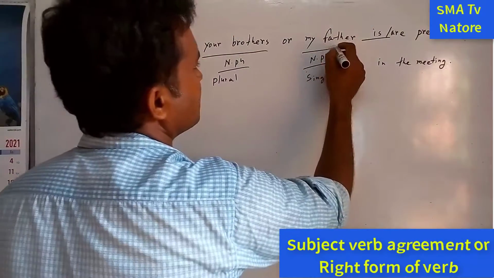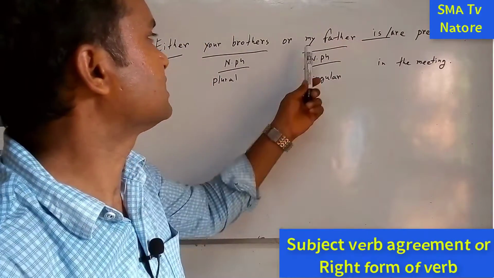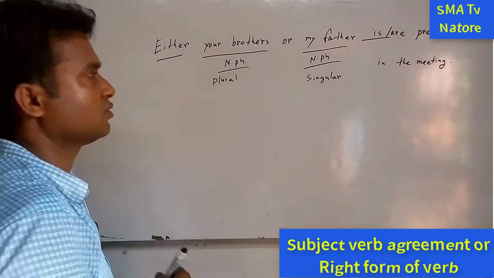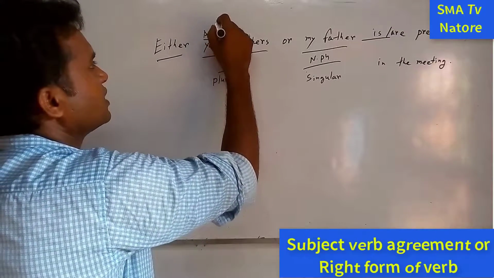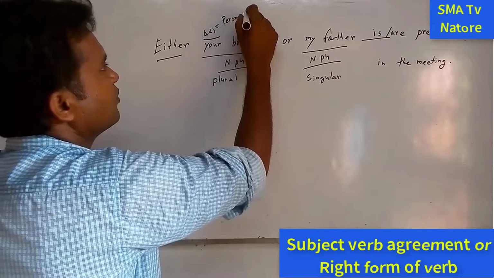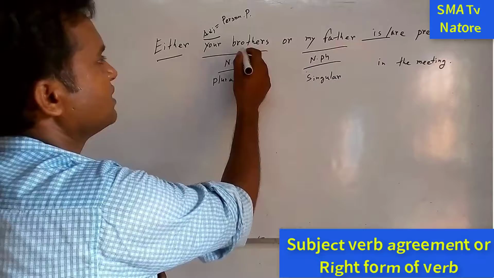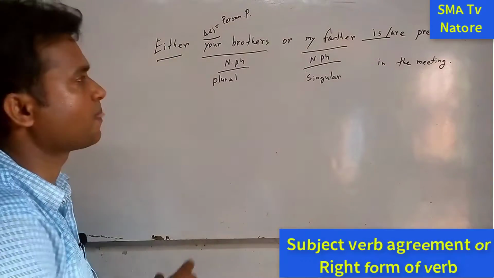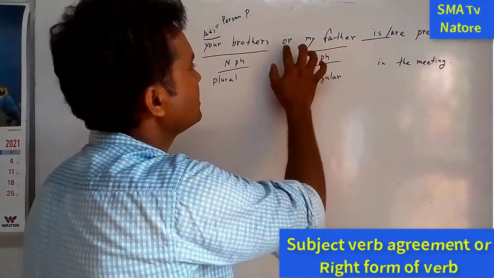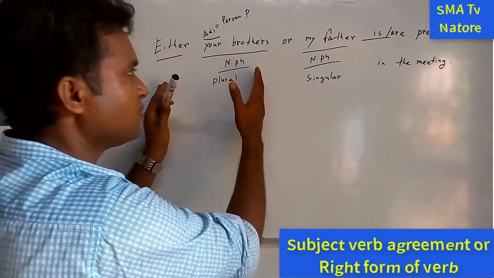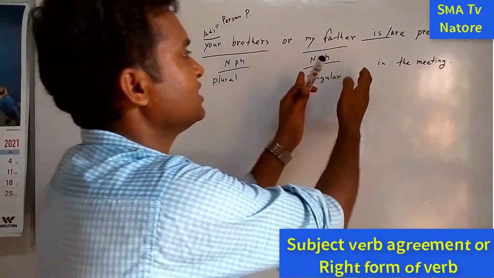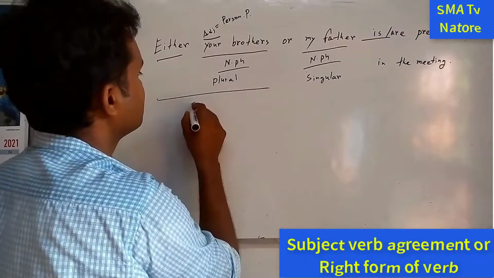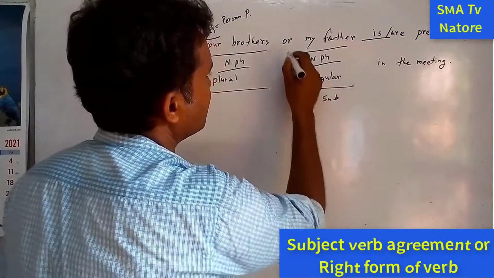This is the noun and this is the adjective. These adjectives come from the personal pronoun. And this is also a personal pronoun. This part is also an adjective from the personal pronoun. But this one is the plural form. So the verb, is or are, which one is essential? This part or this part? If you are taking this part, this is the subject. But if you are taking that part, this is the subject. But all of it together does not make the subject. This part is a subject, this part is a subject, and this one is the conjunction.